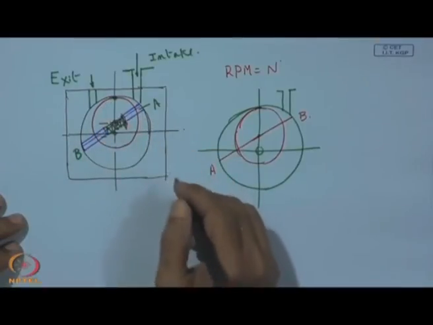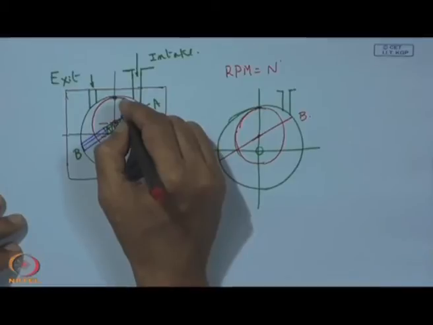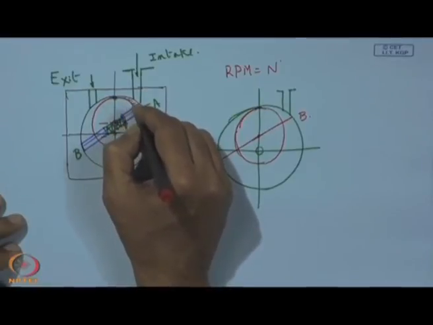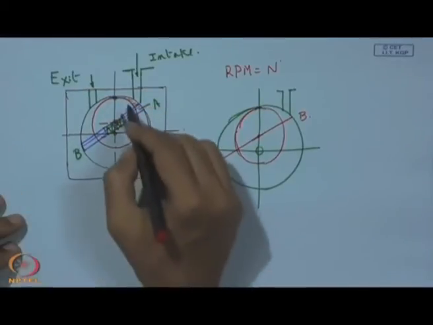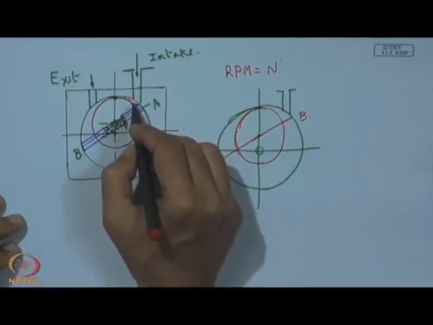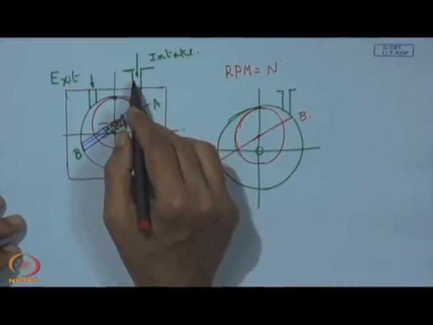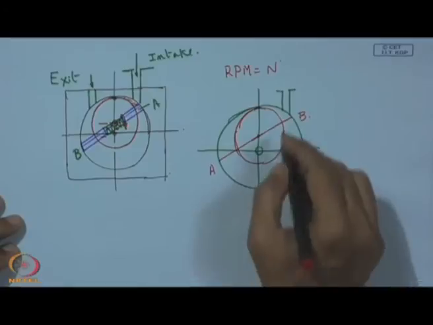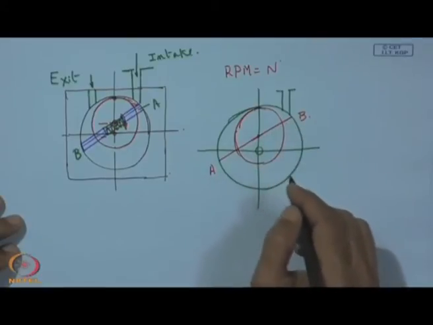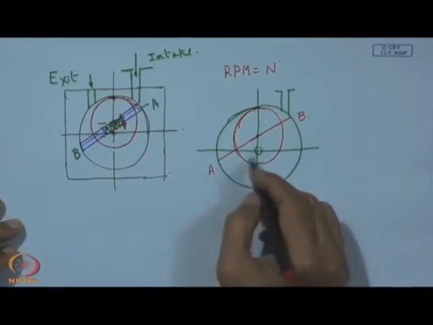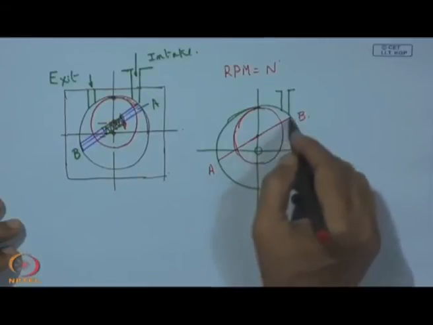In that case, as we show here by this hatch mark, this volume will keep on increasing. That is actually the volume which is directly connected with the vacuum chamber, and this volume will have the maximum capacity when these two are almost here.